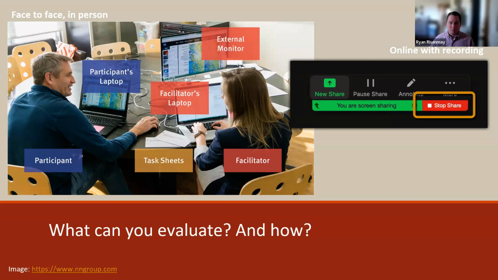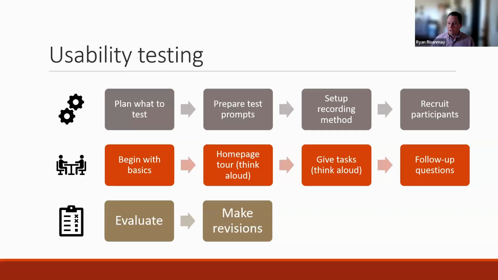There are many more variations you can go down to discover specific areas of interest. But for the sake of this discussion, I just wanted to give you an intro to what that looks like. A usability test is pretty much this kind of three-part look where you have the setup, that's the top row there, where you're planning, well, what are we supposed to be testing for now?